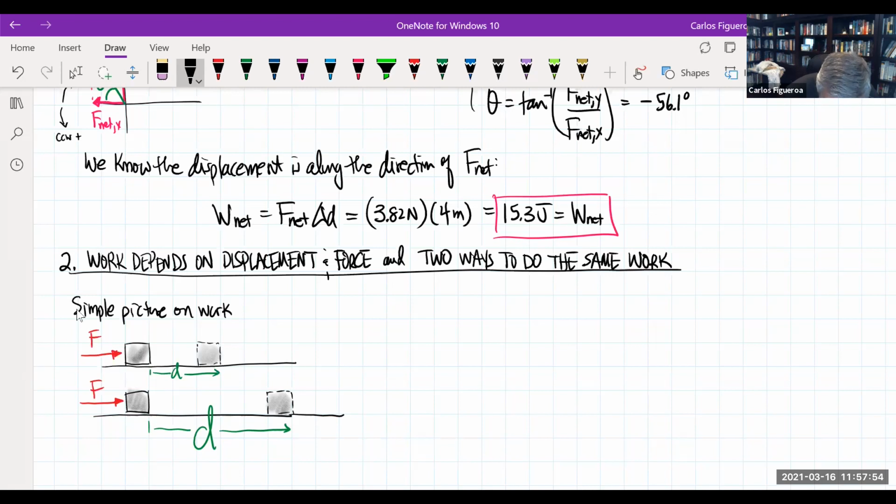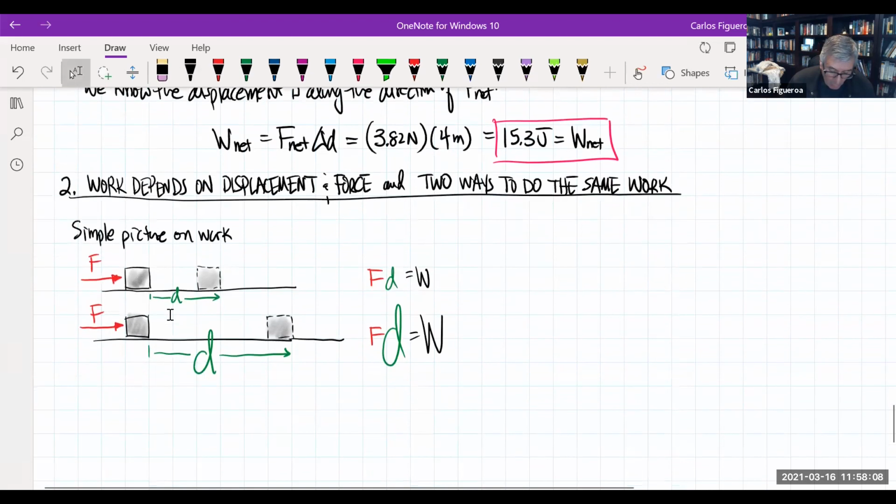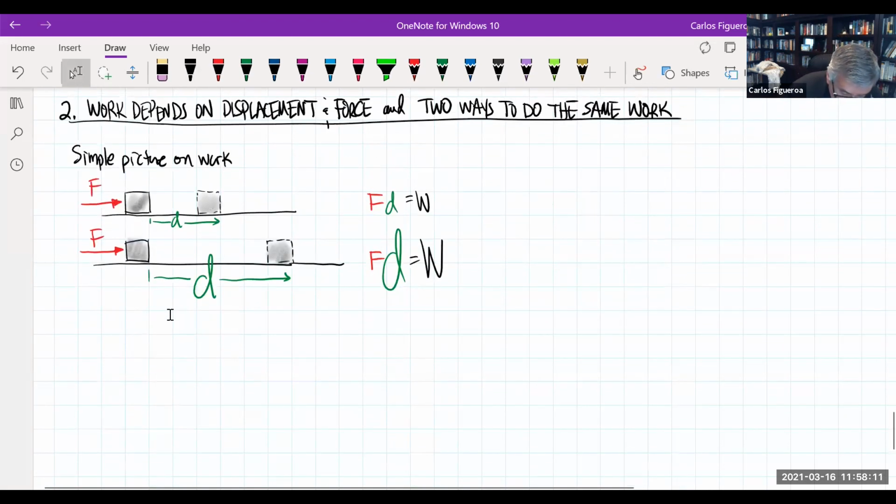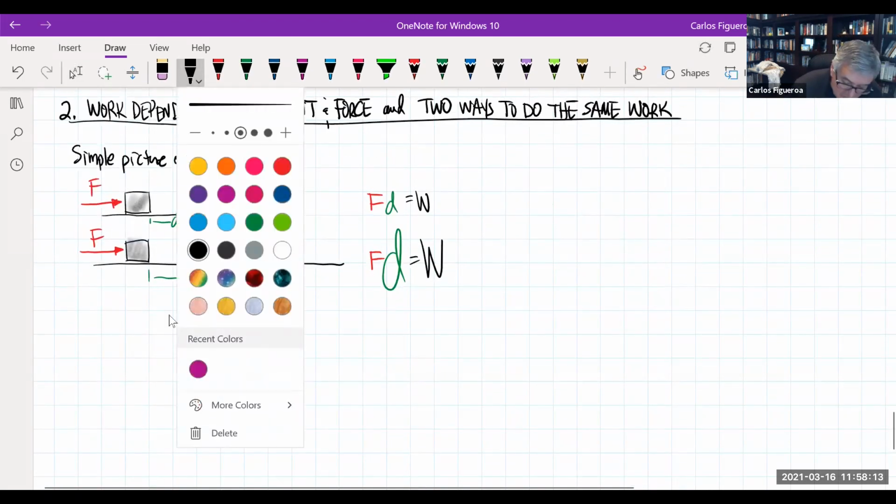So in this case, we can clearly see that if the force is the same in both situations and the displacement is like this, of course this has less work than that. Not a surprise. What I really want to focus on is this conceptual issue.